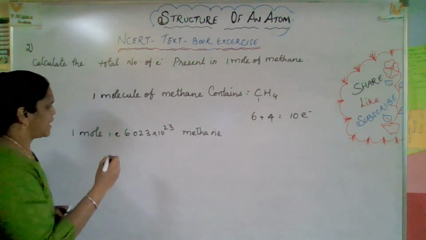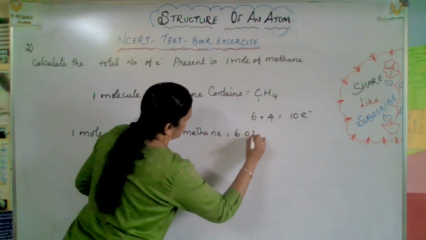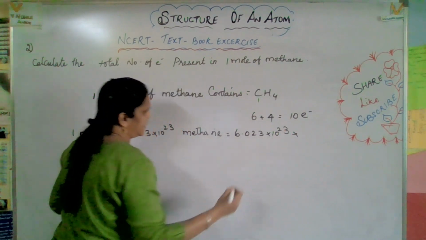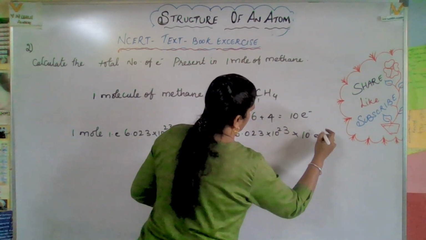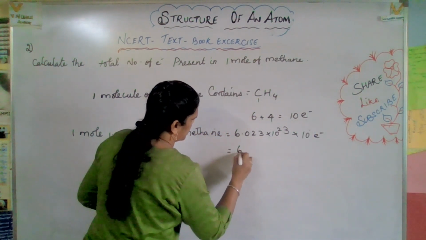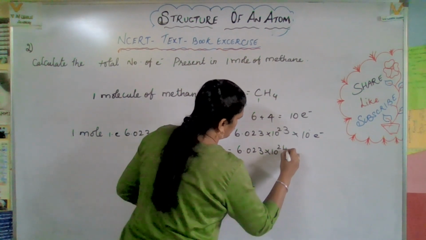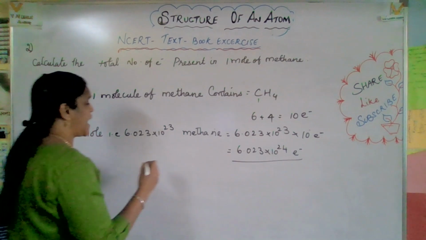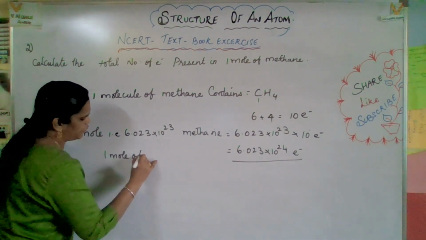So number of electrons here is 6.023 into 10 to the power of 23 into 10 electrons. Right? 10 electrons. So altogether you will get 6.023 into 10 to the power of 24 electrons present in 1 mole of methane.